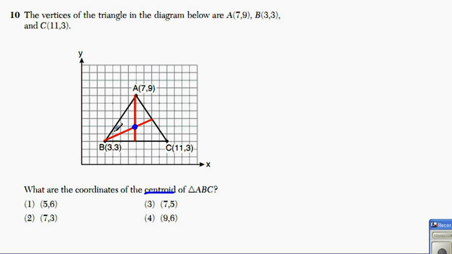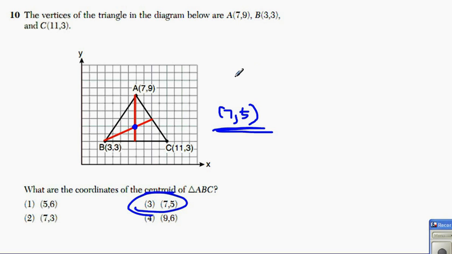Now, when you read this point, we get 3, 4, 5, 6, 7, and then we already have 3, and then 4, 5. So 7 comma 5 becomes our answer. Another way for you to do it is this. In fact, the centroid is connected by the medians, where medians are the connection between vertex and midpoint.